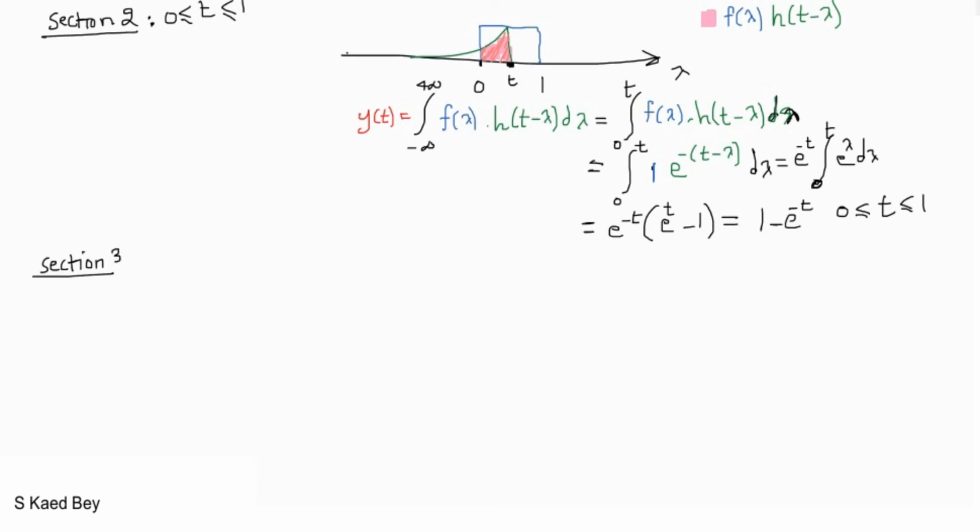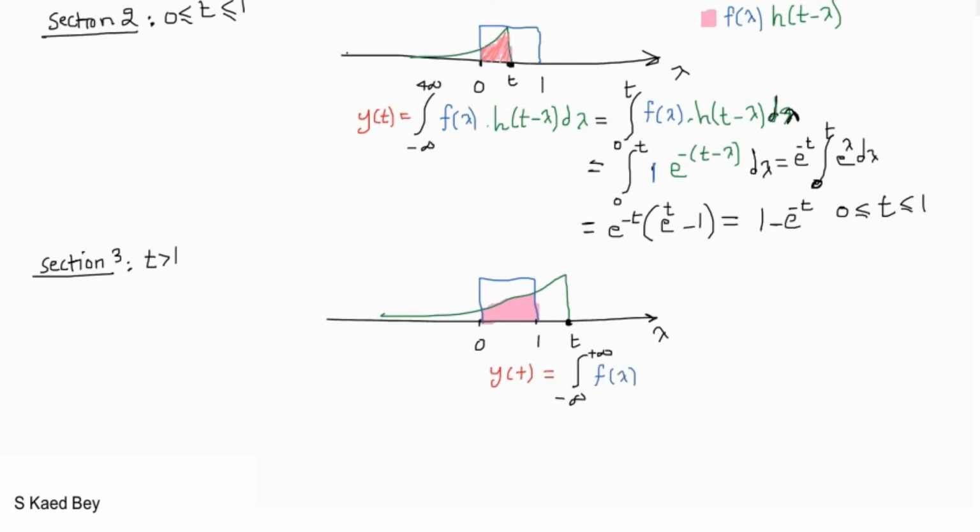Section 3 is valid when the time interval is greater than 1, and this is where our input pulse is 0. As shown graphically, the next overlap pattern is valid between 0 and 1, and this is what dictates our integral limit.